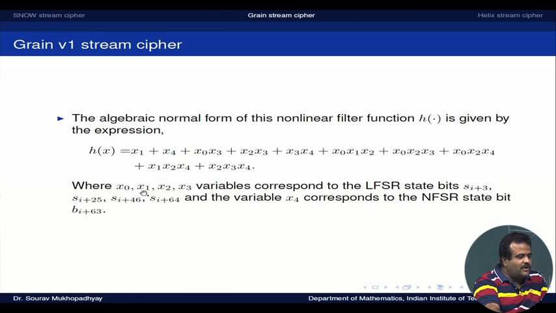So x0, x1, x2, x3 are coming from the LFSR, and x4 is coming from the NLFSR. This is the H function. So it keeps on updating this.